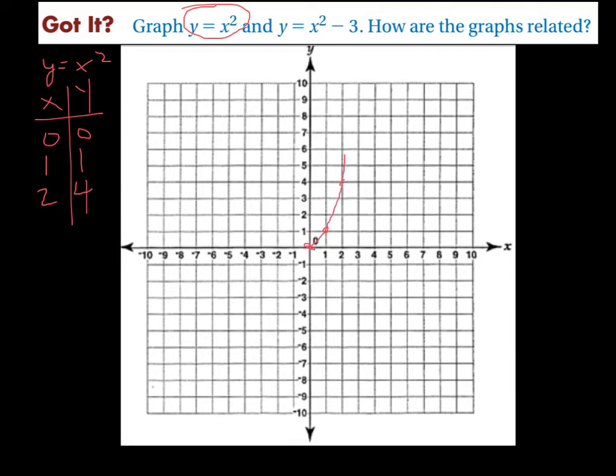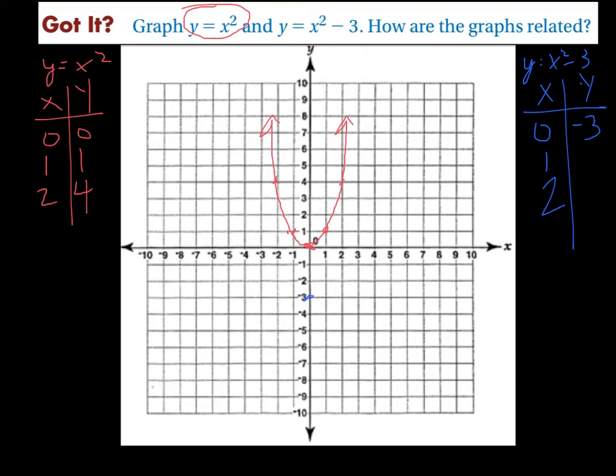And we can see that graph is going to kind of take this shape. And using our symmetry, I'd have a point over here at negative 1, 1, and at negative 2, 4. And that would kind of give me the other side of the graph. Okay. And if we go and we look at this x squared minus 3, and we start choosing the same 3 values, if I put in 0 for x, now I'm going to get a negative 3 for y.